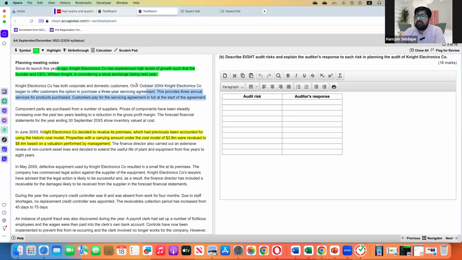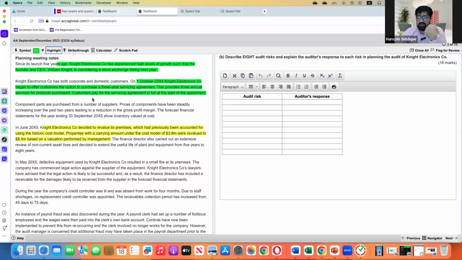Now you see here, this is a typical accounting issue, revenue recognition, IFRS 15. A 3-year servicing agreement, and they are receiving the whole amount in advance.